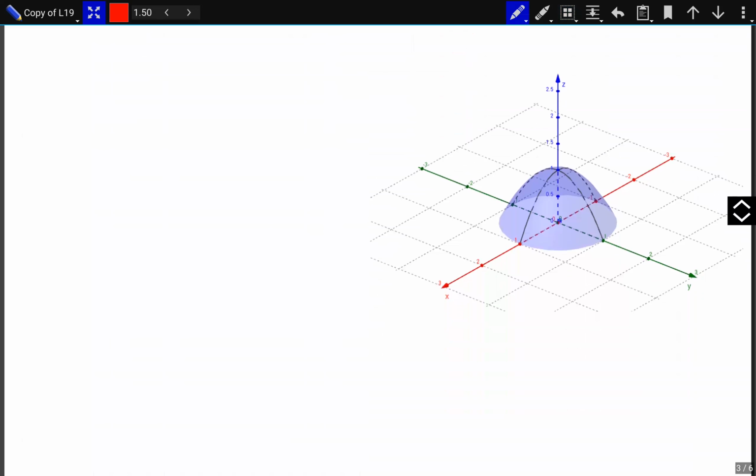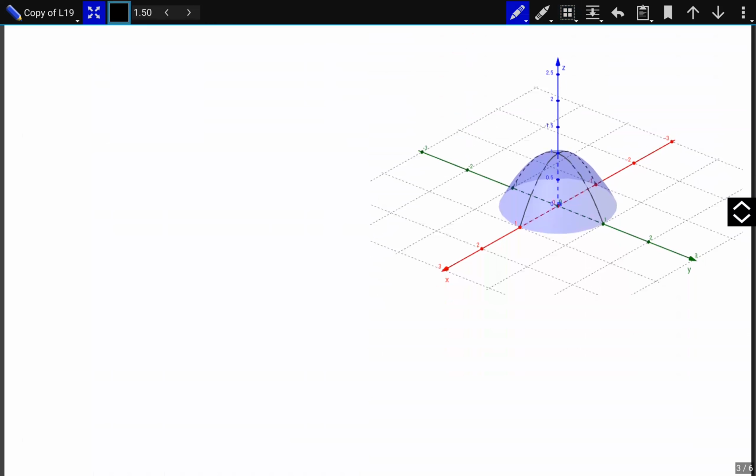So in this example, what we have here is the volume of a solid above the xy plane, and beneath the paraboloid z is equal to 1 minus x squared minus y squared, which is the same thing as 1 minus r squared, over the domain of the disk of radius 1.